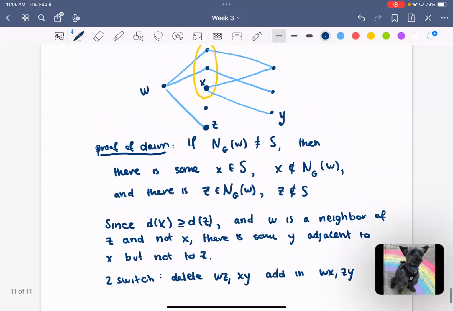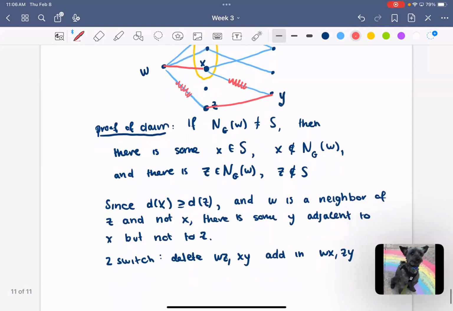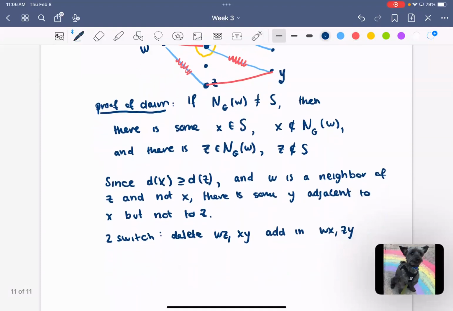Okay, so I'll draw those in red. So now I have WX and ZY instead of those two edges. Okay, so then what we've done is, what has this accomplished?